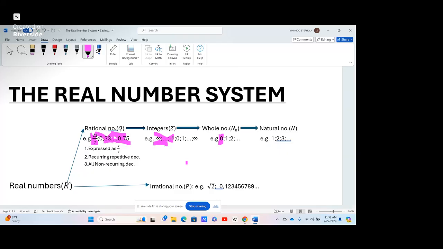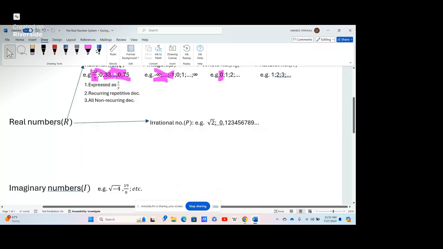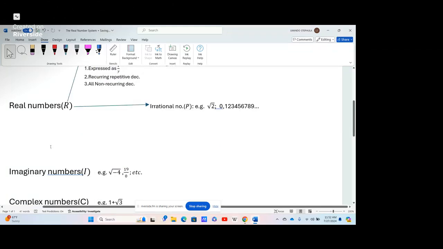Now we move on. If there are real numbers, then there could also be non-real numbers, and that is exactly true, because we have imaginary numbers, which are also called non-real numbers. These are numbers that do not exist. They give us undefined or a math error when you press them into the calculator.